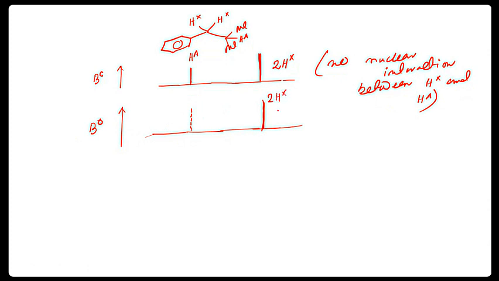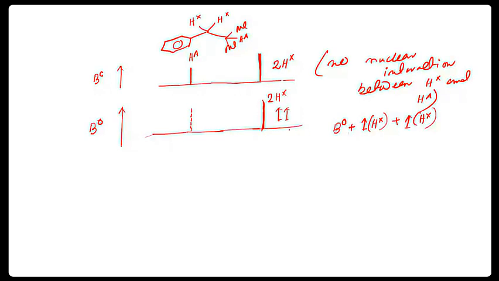Then we have two nuclear spins that align together. So basically HA will experience B0 plus the magnetic field from HX plus another magnetic field from HX. You understand clearly, right?